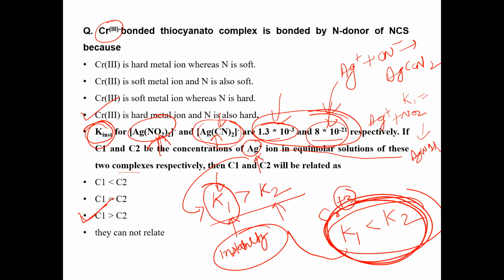It will easily dissociate and release silver ions. So the concentration of Ag plus will be higher in this case as compared to this one. Clear?